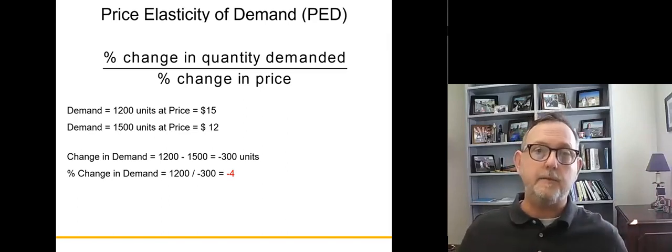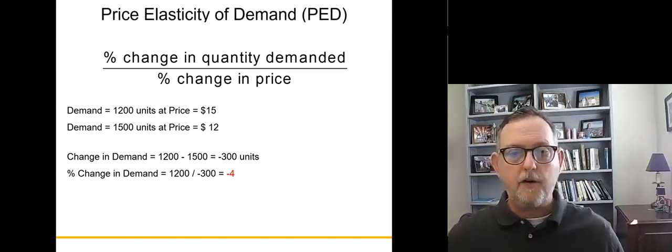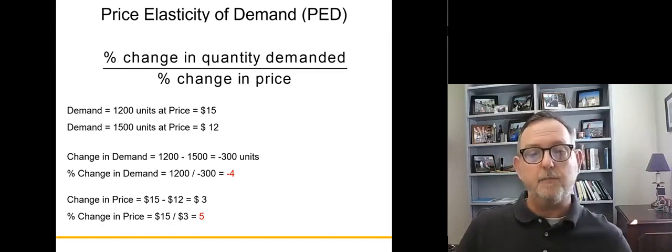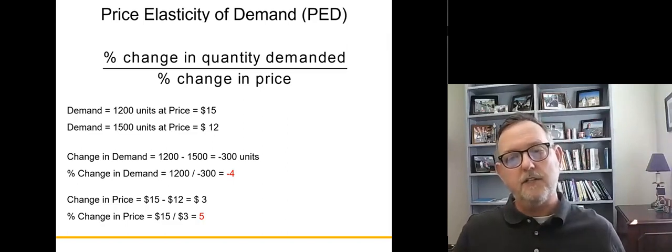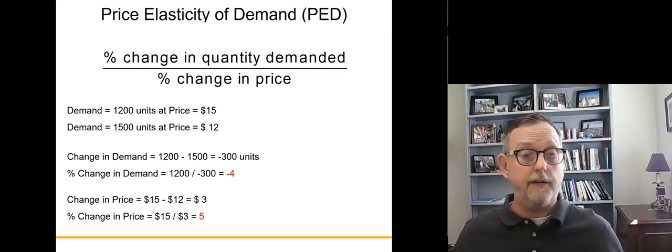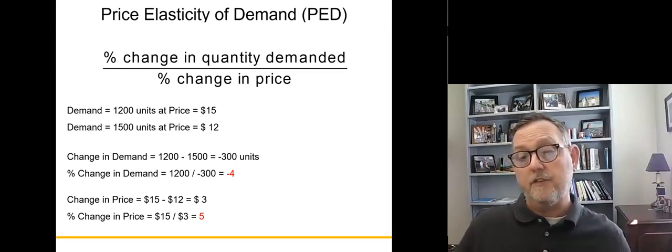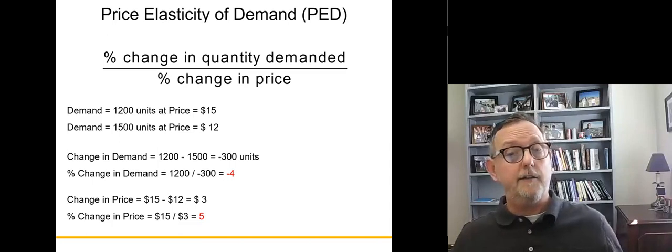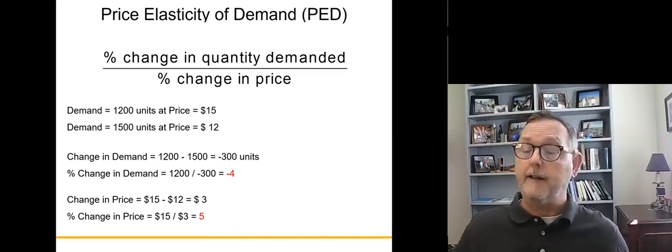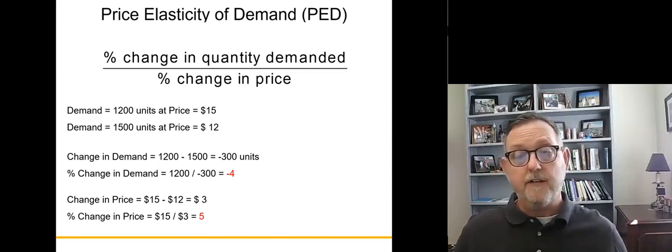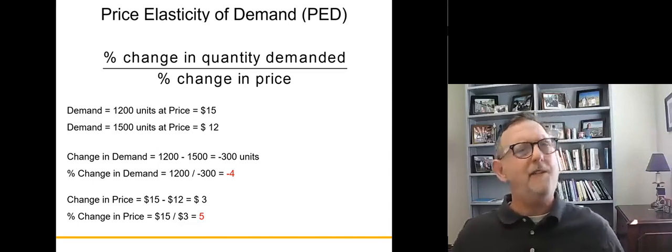So we're going to have minus 4 divided by something. All right, the bottom part of the equation, we take our change in price, which is $15. We lowered it to 12, so that gives us 3. And then we take our original 15 and divide by that difference, 3. And in this case, we have 5. So the percent change is 5.